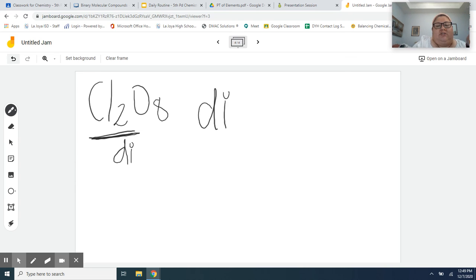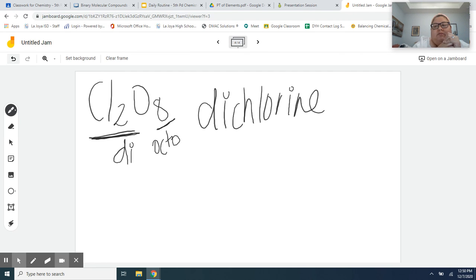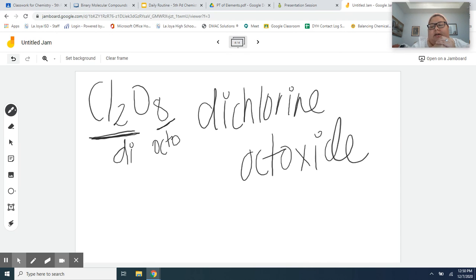So just like Oscar's giving us in the chat, it should stay as dichlorine. The prefix for 8 is octa, right? Oxygen changes to oxide. Done. Dichlorine octoxide.